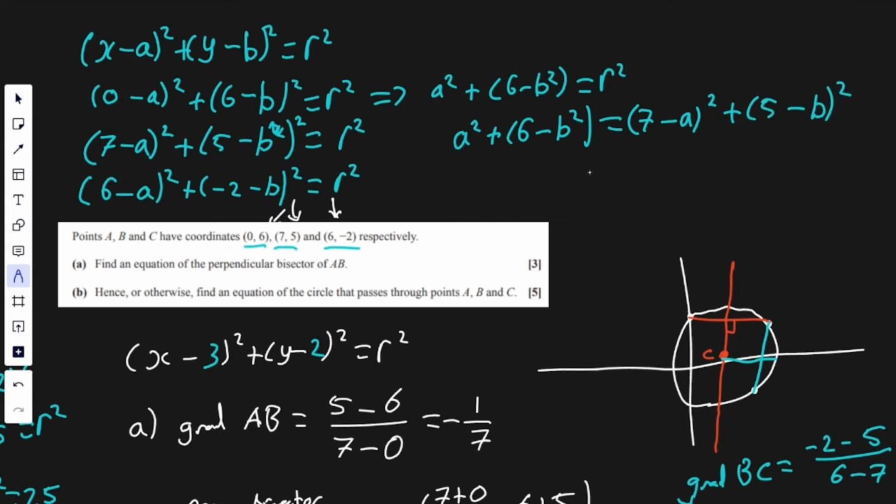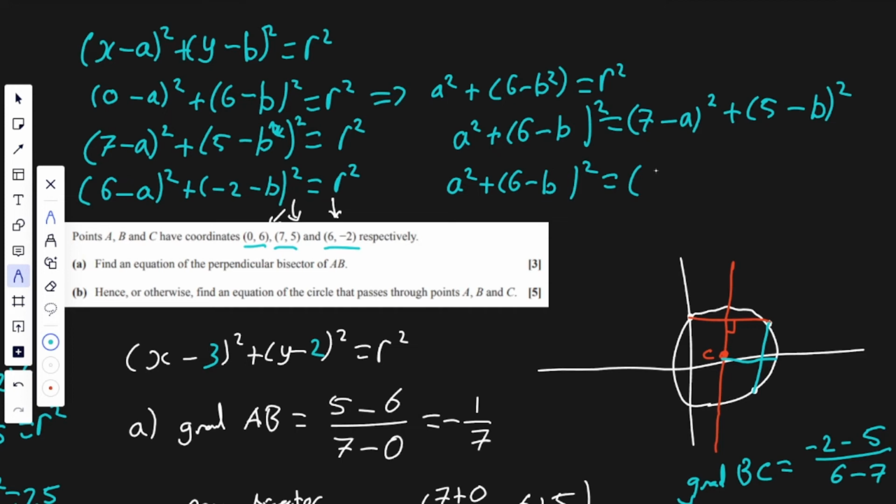And likewise, I'm going to do the same for the last one and the top one. So we get a squared plus (6 minus b) squared equal to (6 minus a) squared plus (minus 2 minus b) squared.